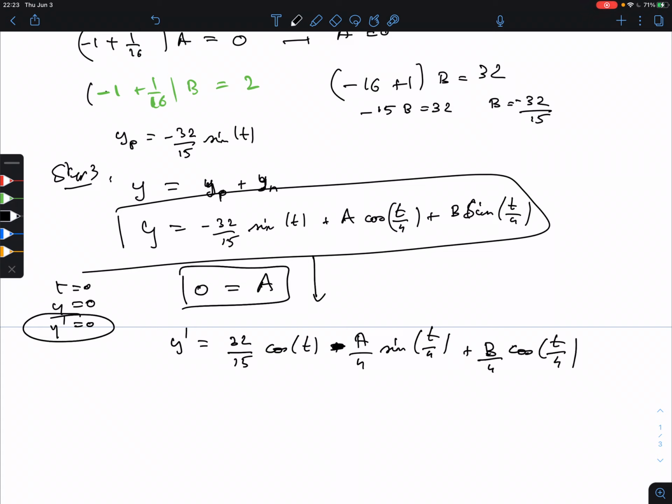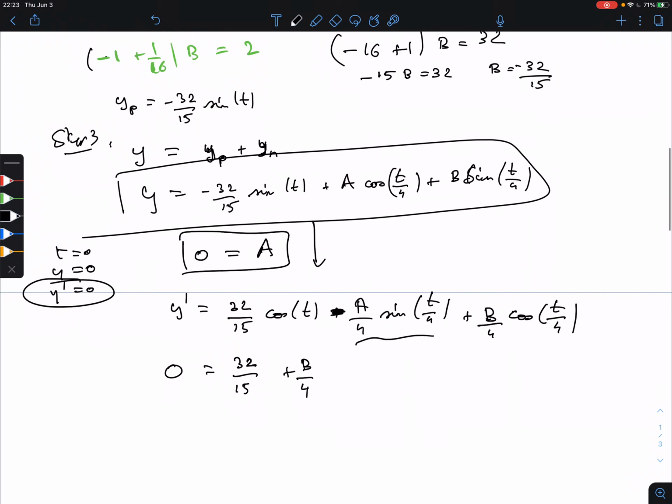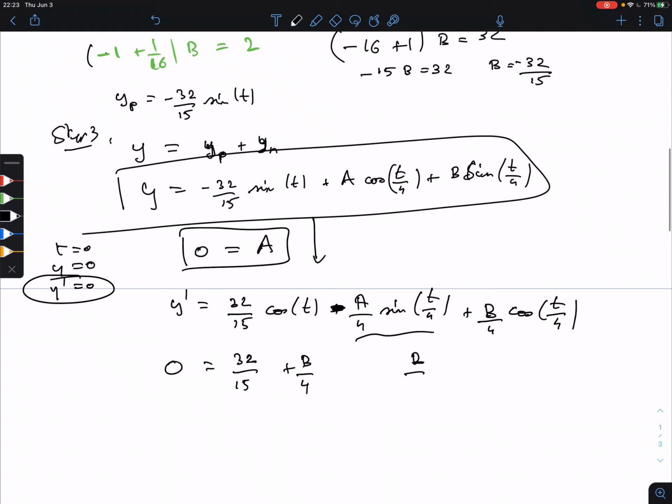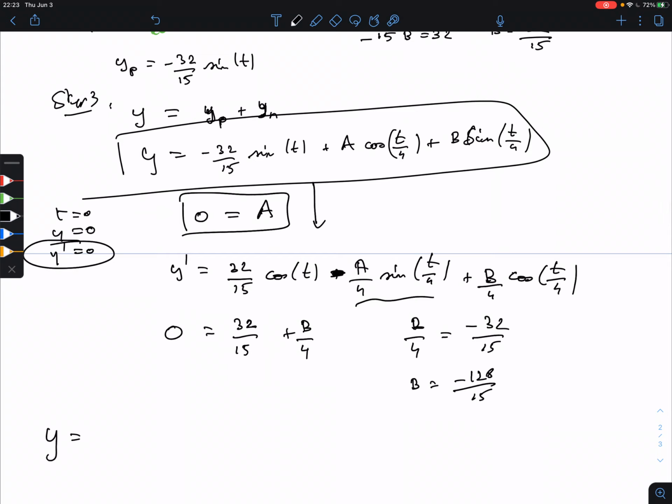Of course, then the sine disappears. This guy is not there, but these two guys do survive. So we get this one plus b over 4, and that is 0. So we see that b over 4 is equal to minus 32/15, and so b is equal to minus 128 over 15. So our solution is y equals minus 32 over 15 sine t minus 128 over 15 sine t over 4.